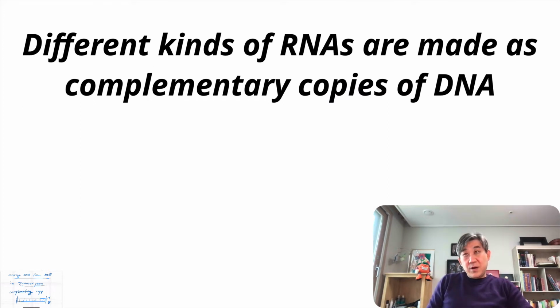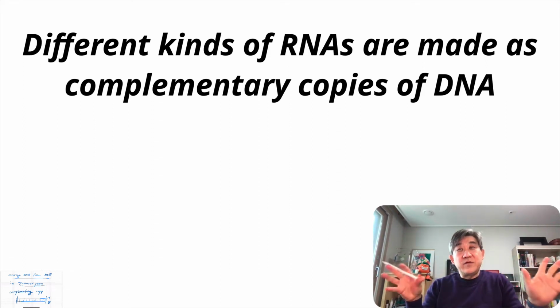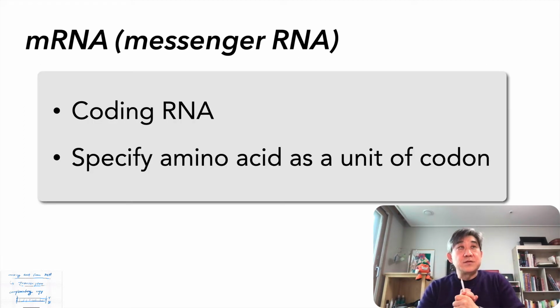The original reason why this broad definition of the gene has to be introduced is because there are different kinds of RNA existing in the cell. We have already looked at 3 different types of RNA, including messenger RNA, mRNA. mRNA's characteristic is that it is a coding RNA.